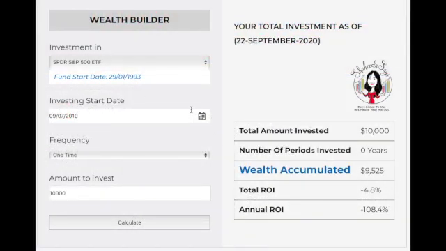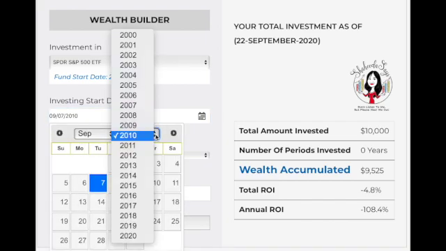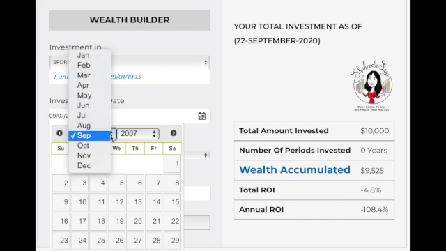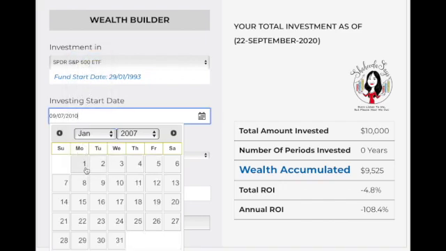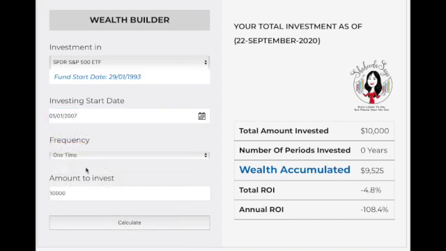Let's see one more example. And again, I want to illustrate to you that crashes happen and you should not worry about crashes as long as you are consistent in your investments. So let's say you started investing in 2007, just before the financial crash. And let's say it was in January, it was your New Year's resolution to become financially independent. And you started investing January 1st, 2007.